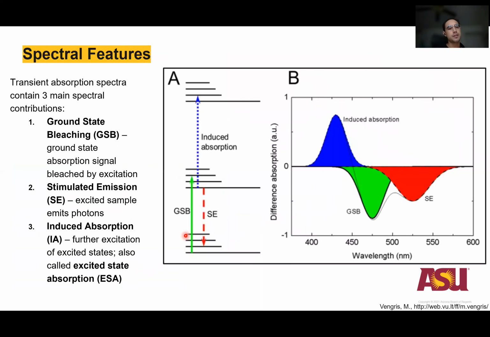And so now I'm going to talk a little bit about the spectral features of transient absorption spectra.